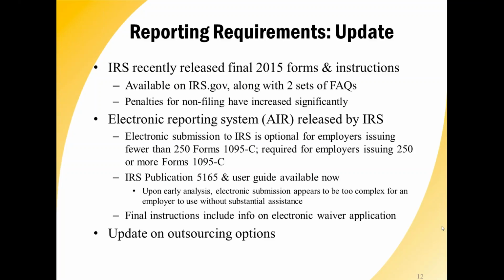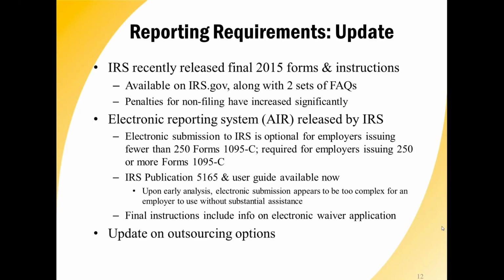But that's an indication of the moral of the story here: we have to file. We can't fail to file, fail to give the 1095-Cs to the right employees, fail to file with the IRS. But if we do file, then we've taken that penalty possibility off the table. And if we do file, but we make a mistake, we indicate an employee as full-time or not full-time for a particular month, and that was incorrect.